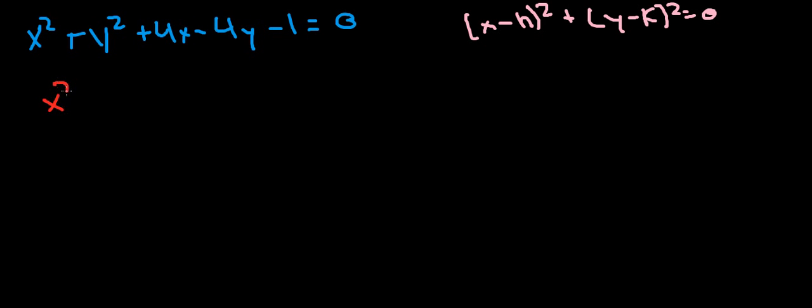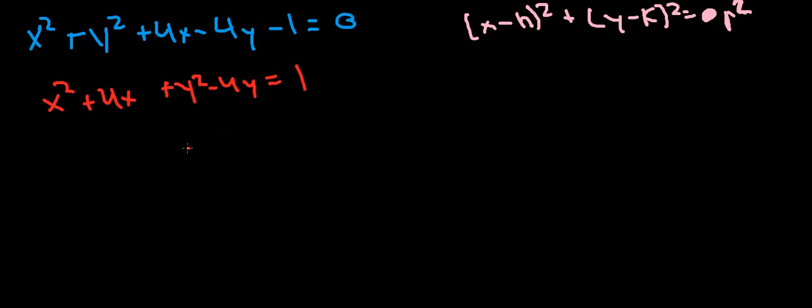So let's put x squared plus 4x plus y squared minus 4y. And let's just subtract this 1 over to the other side. Oh, this is not 0. This is r squared. Yeah, I don't know why I put 0 there. Must have been thinking ahead.